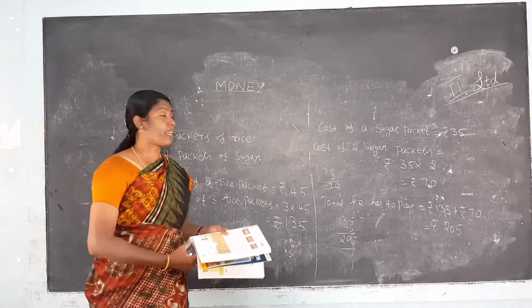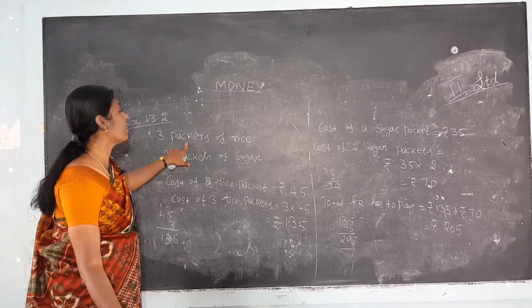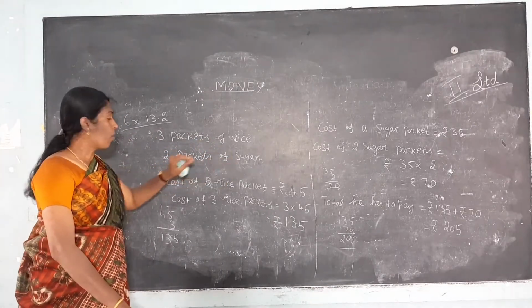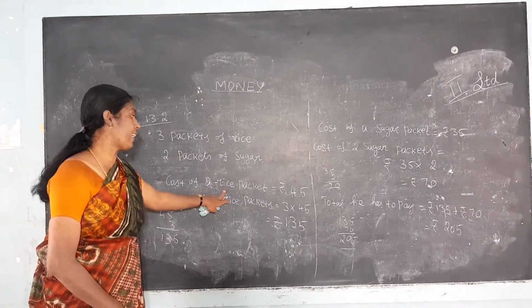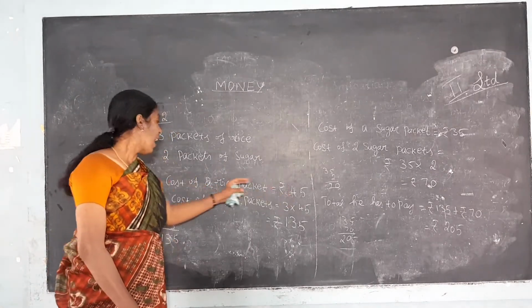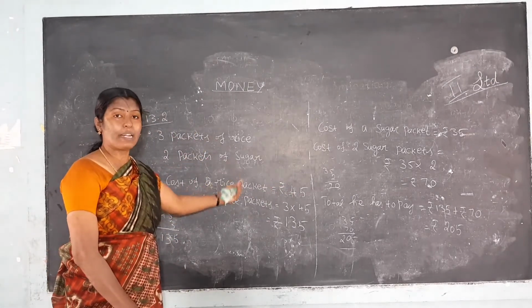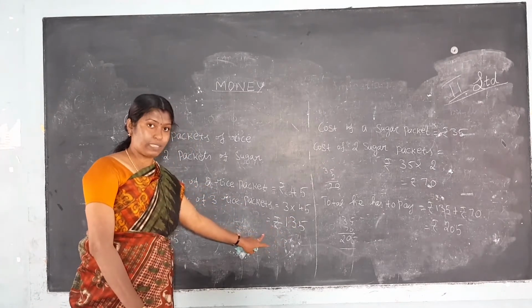Okay, do you understand? Once again I am telling you, Mr. Mehta bought 3 packets of rice and 2 packets of sugar. The cost of a rice packet is rupees 45 and for 3 packets we have to multiply, 3 into 45, that is rupees 135.